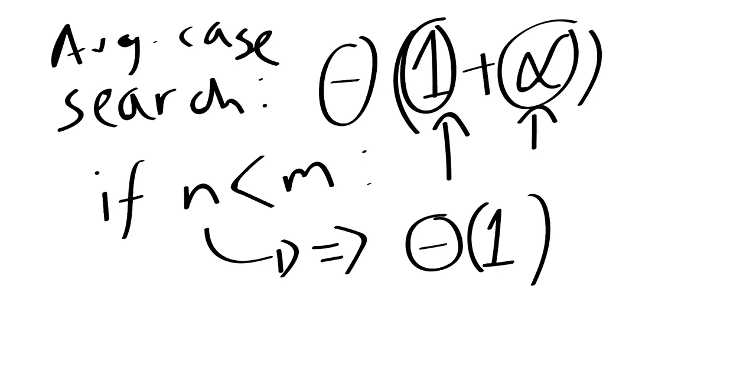And if n over m, the load factor, was some constant, then we also get theta of 1 runtime, right? So theta of 1 runtime applies when there are more slots than keys, or if the load factor is constant. In both cases, we get constant time.